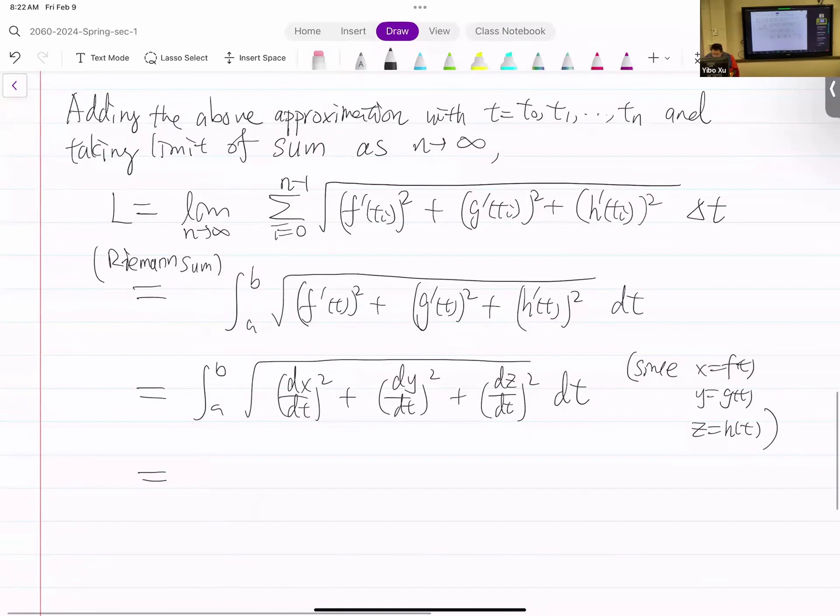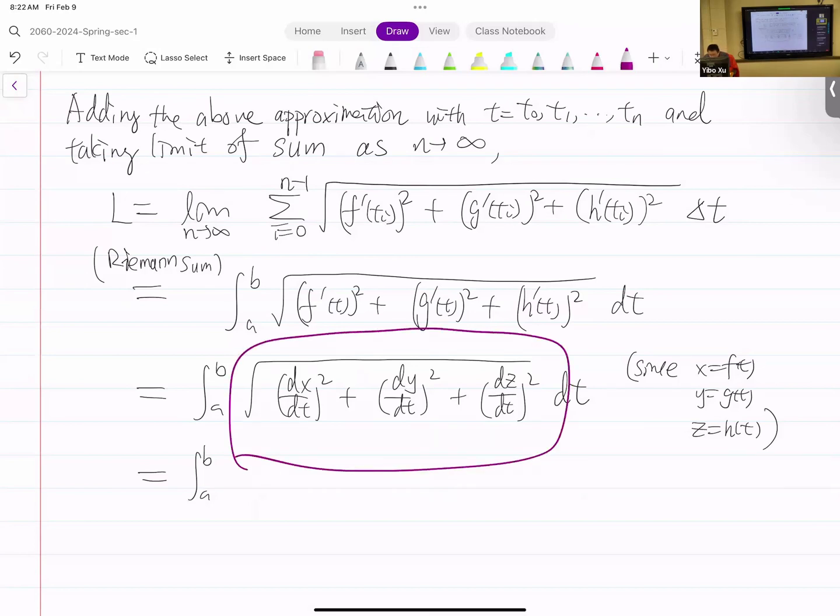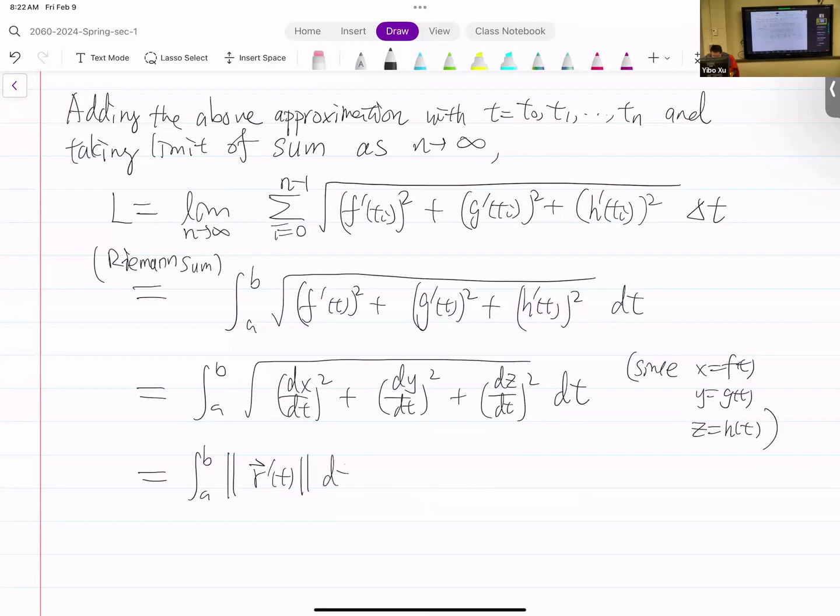And of course, we can write it another way that we have done before. So we know this is the magnitude of the tangent direction. So we're just accumulating the magnitude of r prime of t, since the curve is described by t.